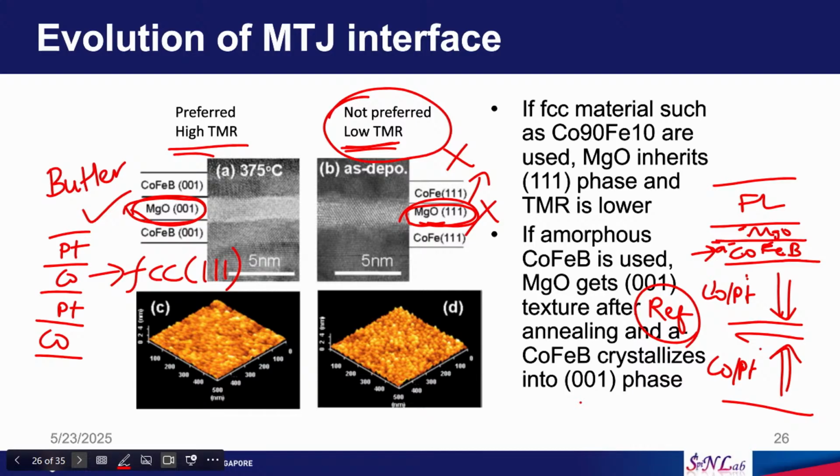This will be stable even when you read or write information, but this has a problem of this FCC 111 texture, which can kill the tunneling magnetoresistance. So, to overcome this problem, people insert amorphous cobalt iron boron near the magnesium oxide interface.